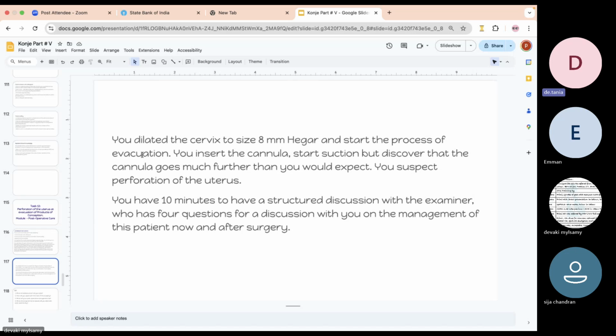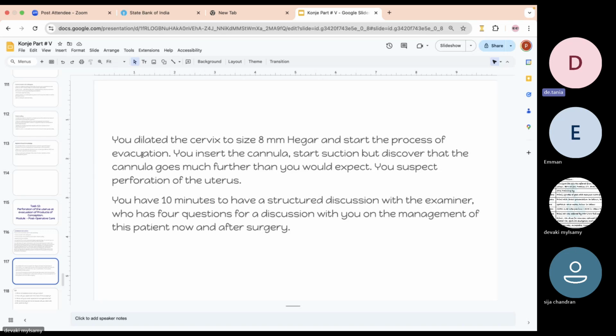So here I can see that an 8 millimeter dilator was used. Regarding this patient, the learning is that we need to do cervical preparation before going to evacuation to prevent injury to the cervix or uterus. Also, instead of Hegar dilator, we can use the cannula that is used in manual vacuum aspiration.